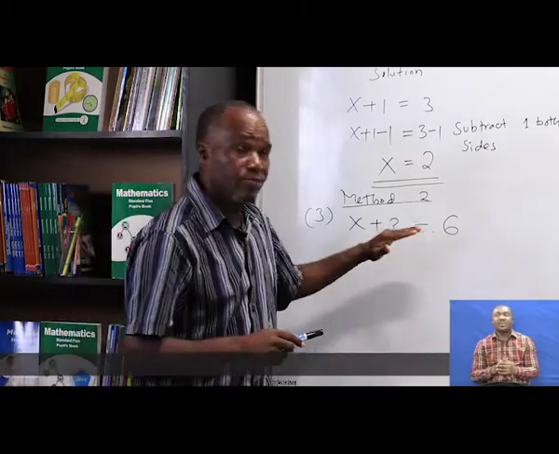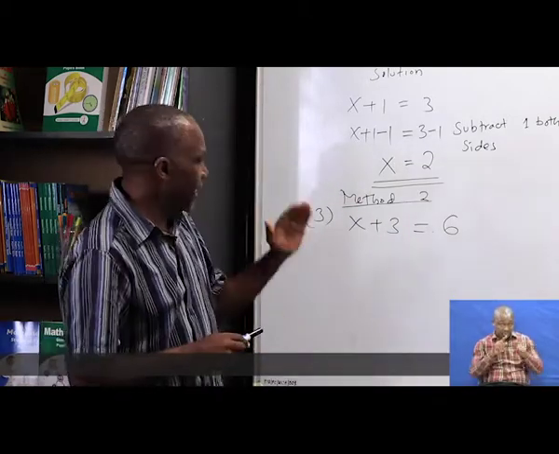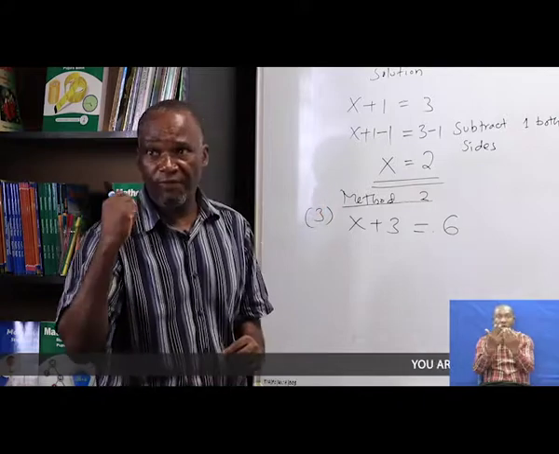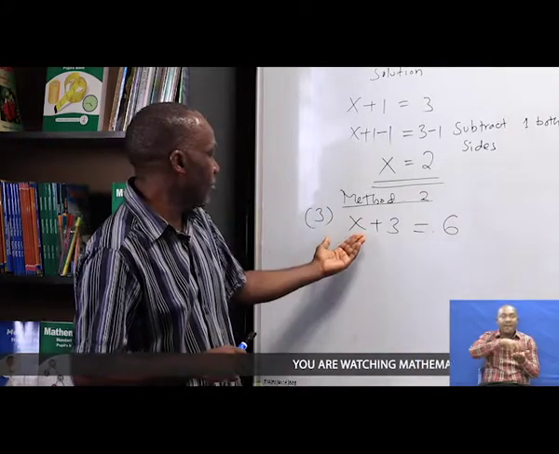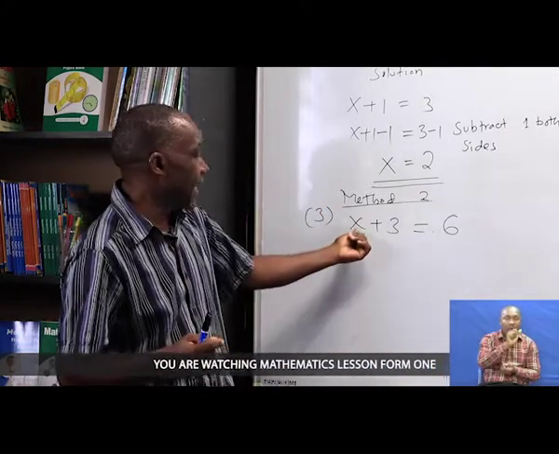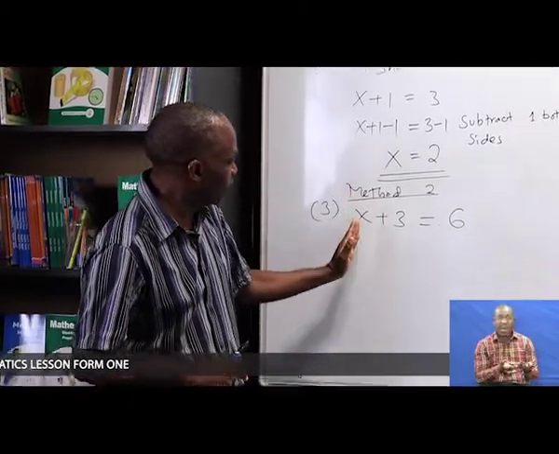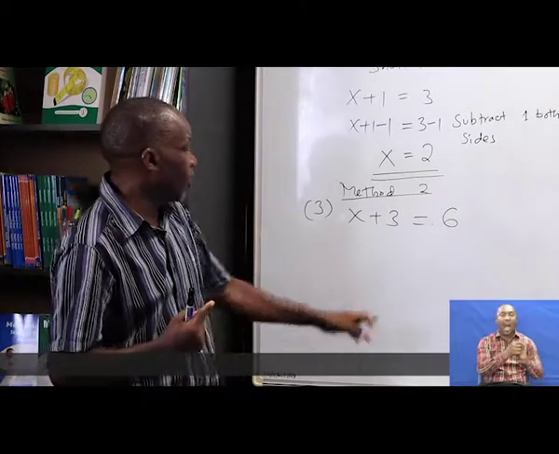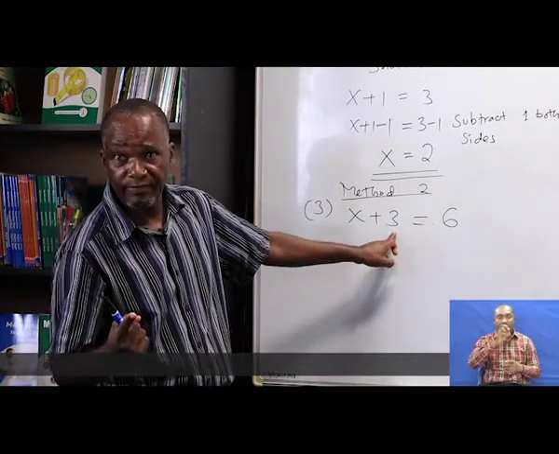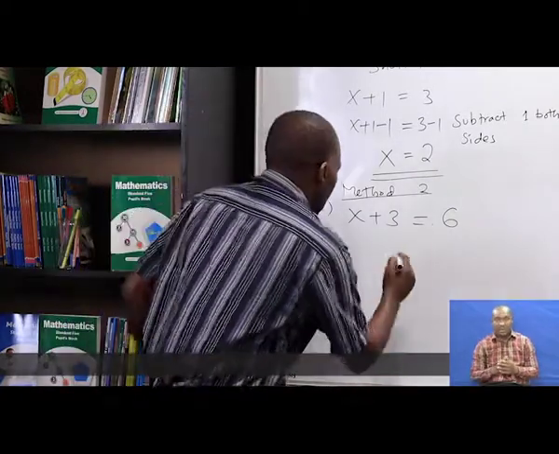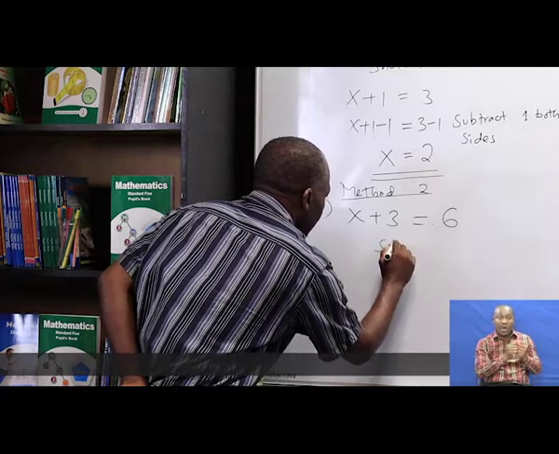Please just observe this equation. You need to remain with a variable. What is a variable here? A variable is a letter, which is x. So if you want to remain with a variable, you have to remove 3. Okay? So let us do it.